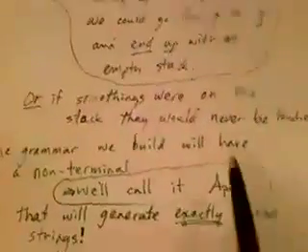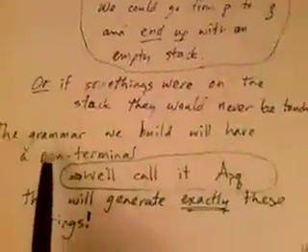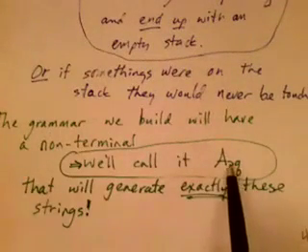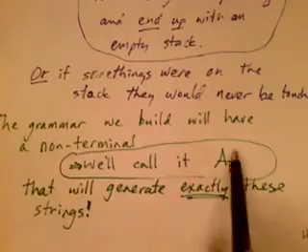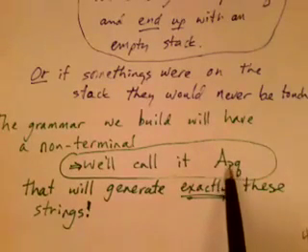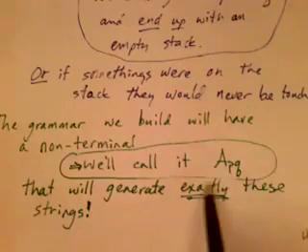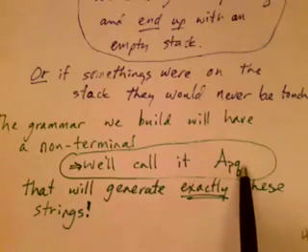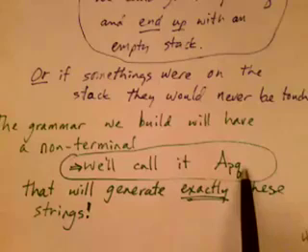So to say it again, we're going to build a grammar, and for every pair of states in the pushdown automaton, we're going to create a non-terminal. And that non-terminal will generate exactly those strings that would take our pushdown automaton from state P to state Q on an empty stack and end with an empty stack.